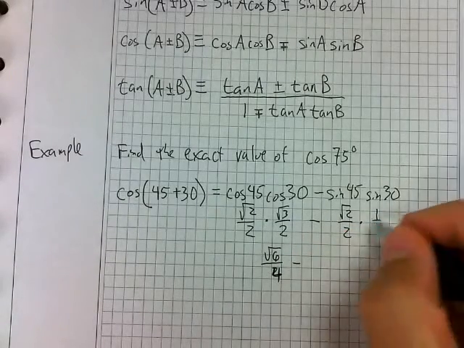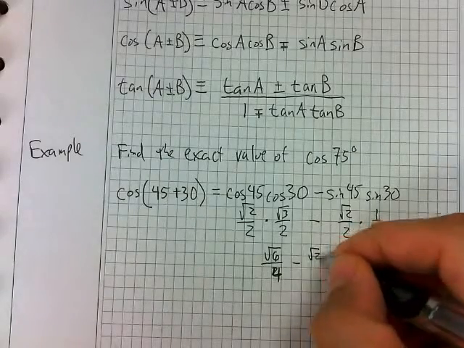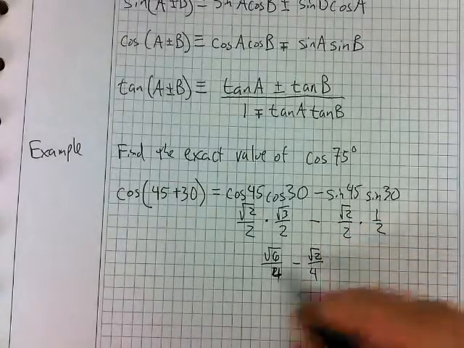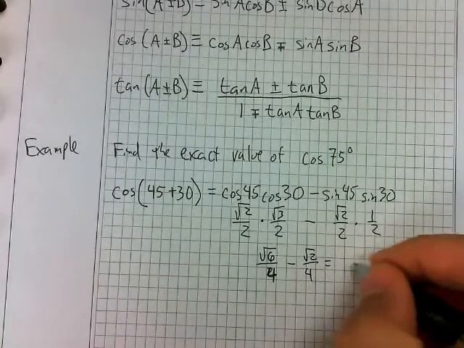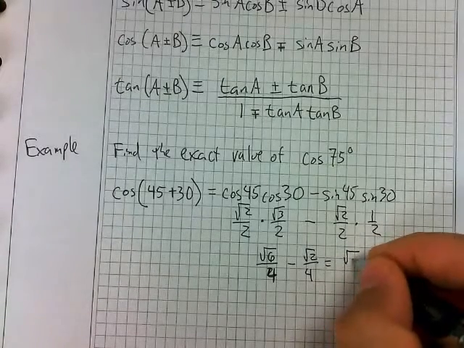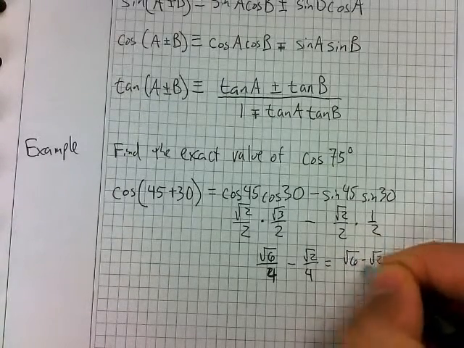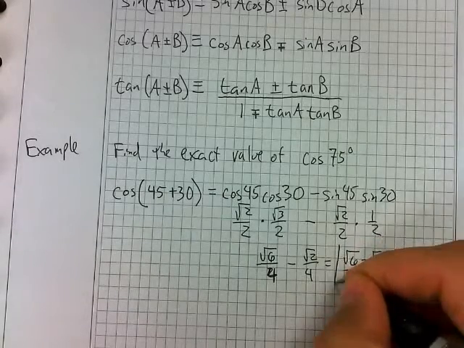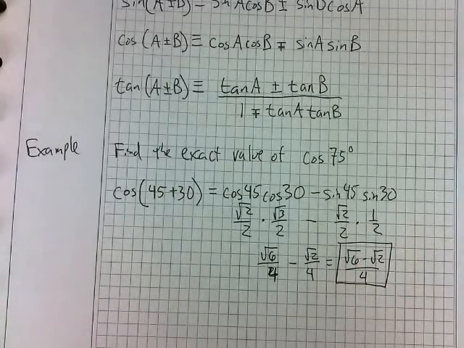And these two multiplied together is root 2 over 4. Since the denominators are the same, I can just put my numerators subtracted together on top, and I get that as an exact answer.